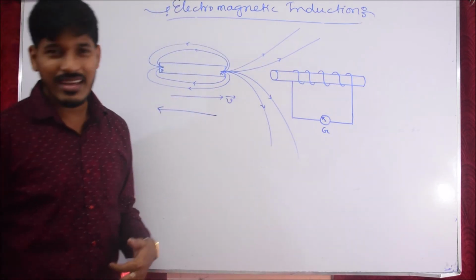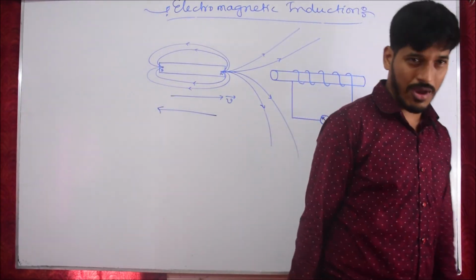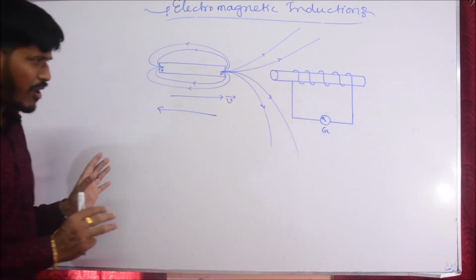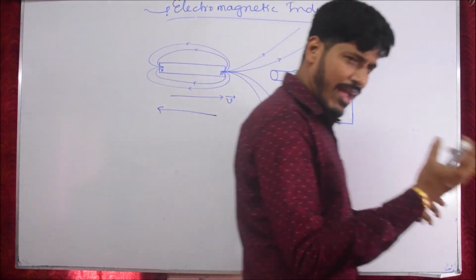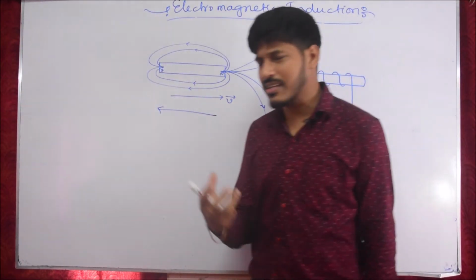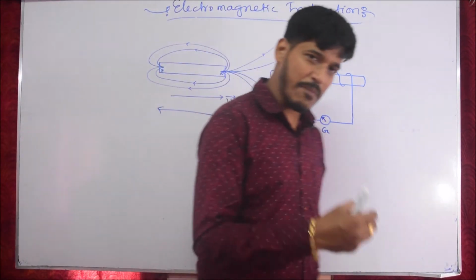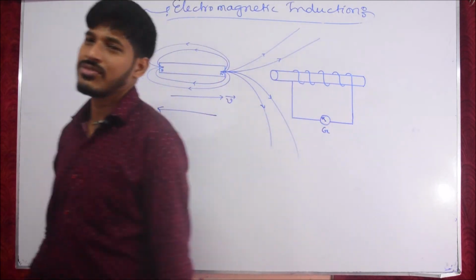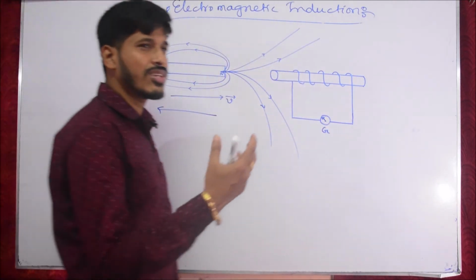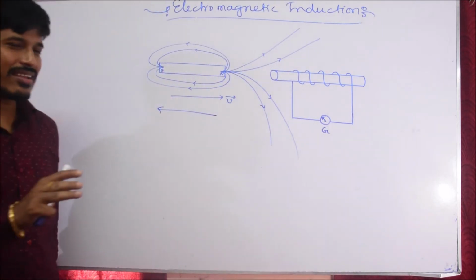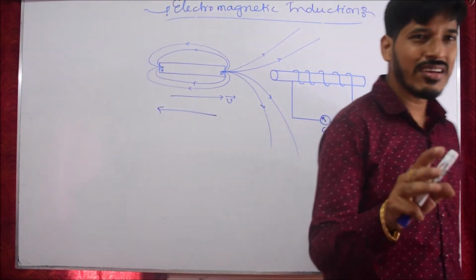We will see it in Lenz's law. So, the thing is very simple: if there is any change in magnetic flux linking any conductor or coil, there is a generation of induced EMF and hence induced current. Understand now? Any doubt?